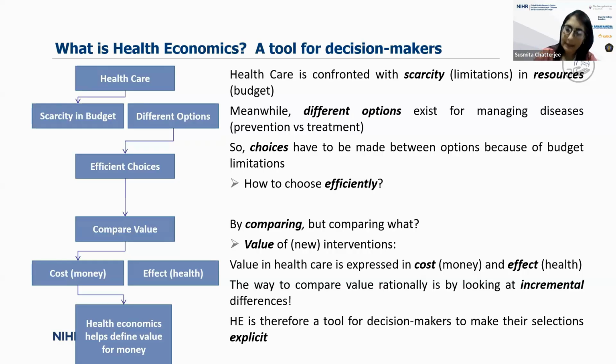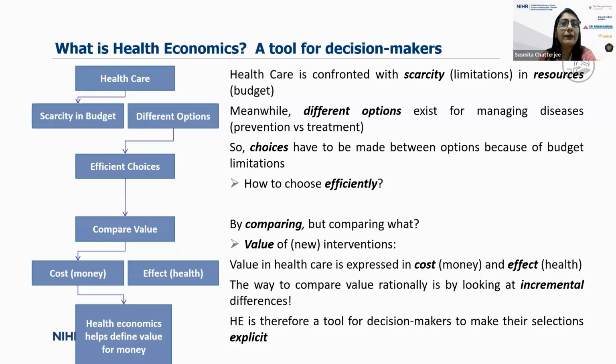The budget is limited. Whatever budget we get, we have to choose, because we have different options. If you go by disease, or if you go overall, you will see that there are a lot of options available to the policymakers. And given the scarcity of the budget and different options, in real life, we have to choose.